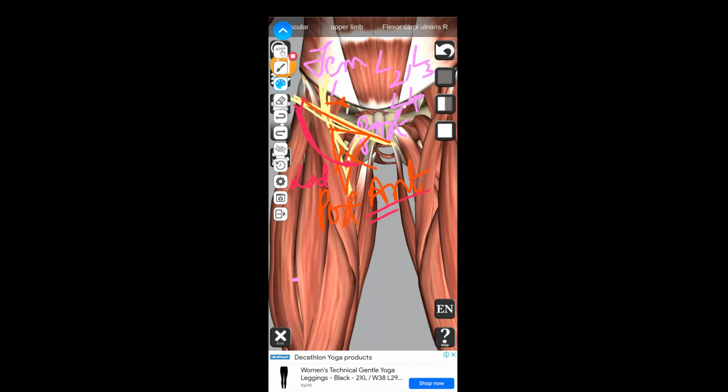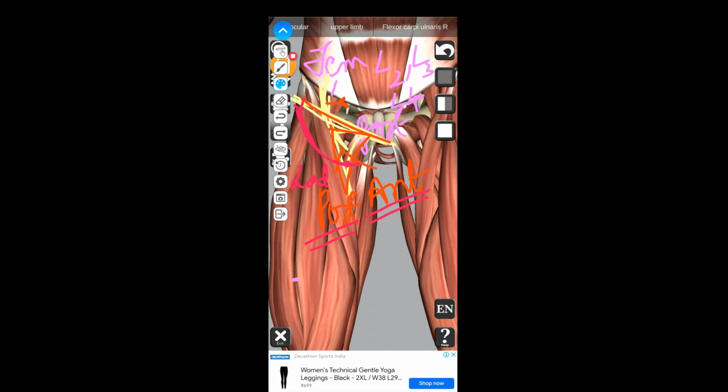Now we have to see this anterior division and posterior division. First you tell me, femoral nerve, which compartment is it handling? Anterior compartment. So now we have to write which muscles are in the anterior division and posterior division.